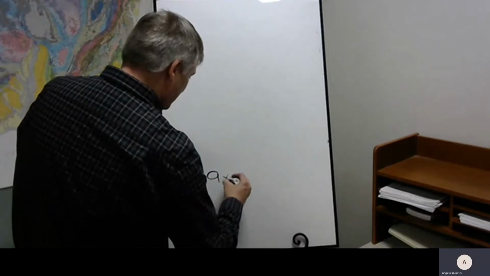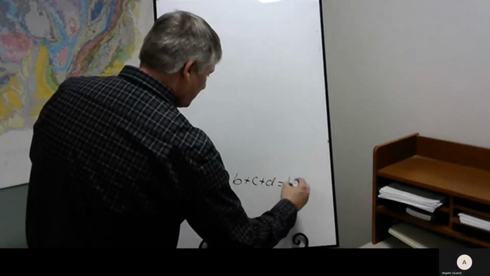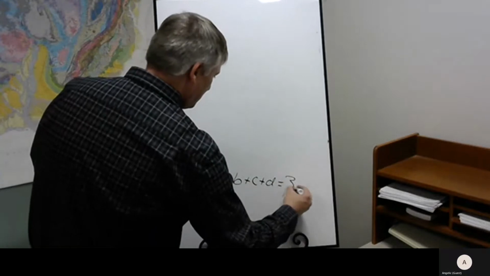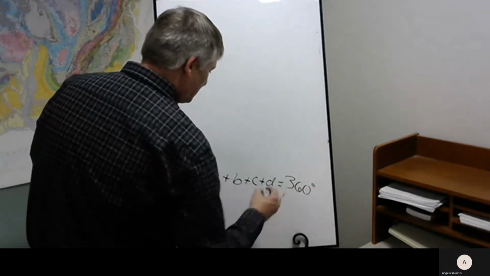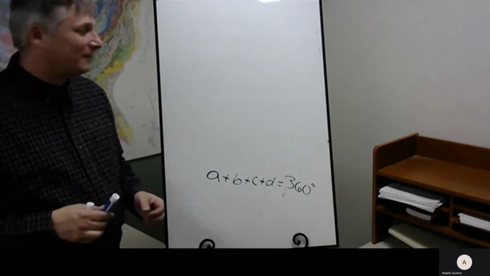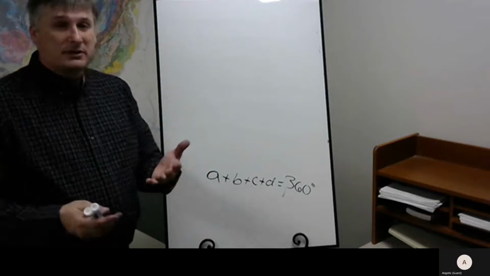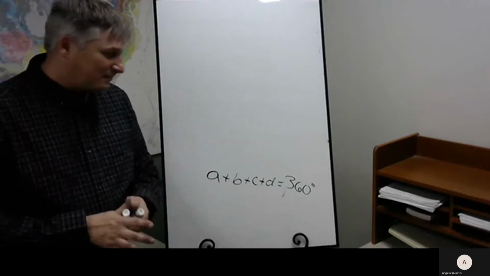Is that what you said? A plus B plus C plus D. So it's going to be 360. 360, thank you. No problem. So that's going to be the sum of those angles in the circle. I'll do an example of that right now.